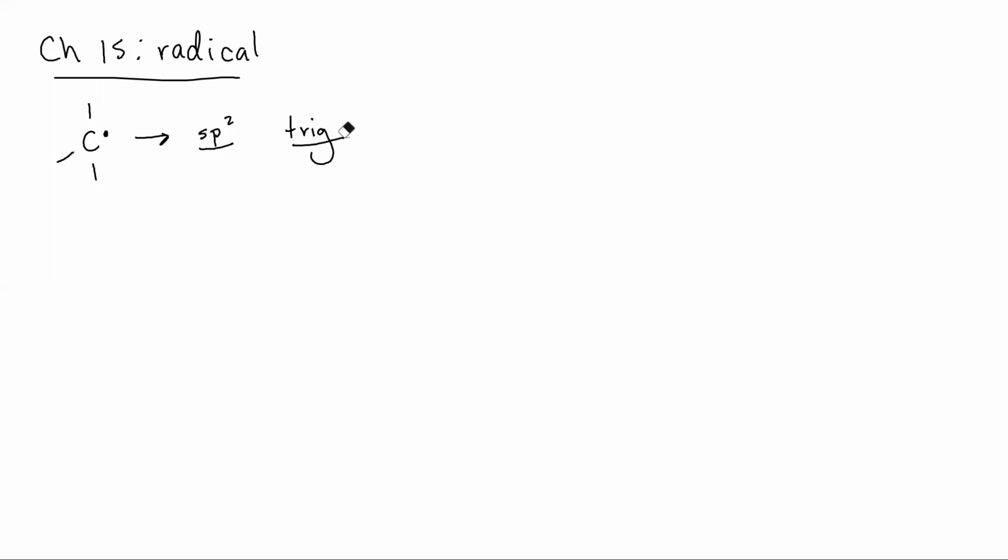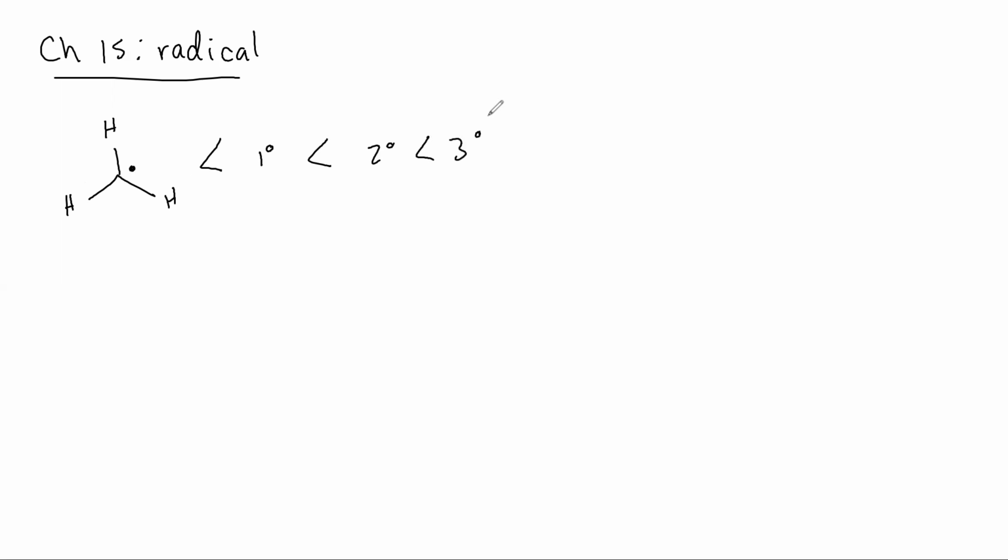All right. So now let's talk about the stabilities of radicals. Similar to stabilities of carbocations, when we have a carbon radical, the more substituted it is, the more stable. If it's not substituted at all, if it's a methyl carbon radical, it's going to be less stable than a primary carbon radical, which is less stable than a secondary, which is less stable than tertiary, which is less stable than something called an allyl radical.